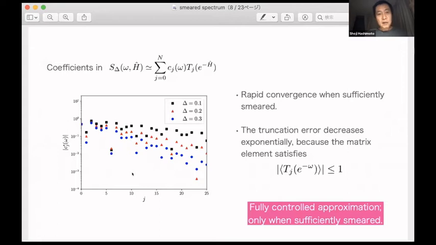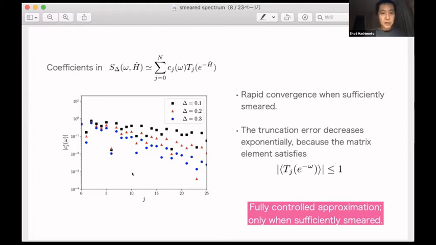And we know that the matrix element of the Chebyshev operator is always bounded by 1 in absolute value. So 1 times the coefficient, that is 10 to the minus something, is the contribution of the next order. So if your smearing range is sufficiently wide, we have actually controlled the approximation of the whole thing.